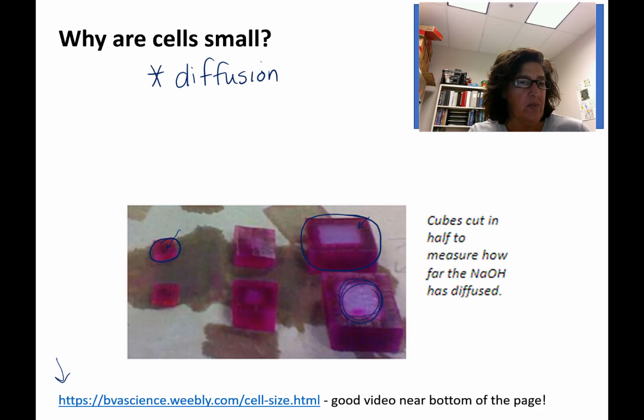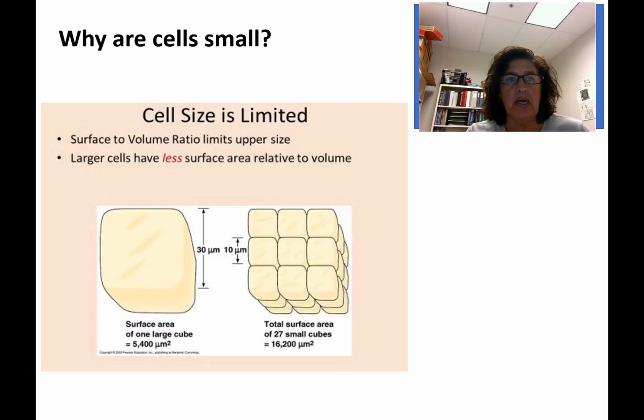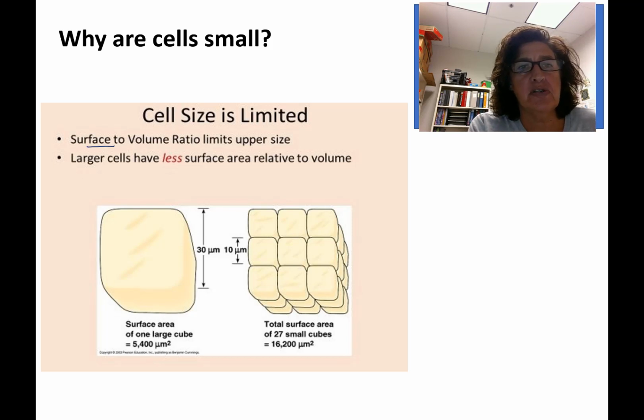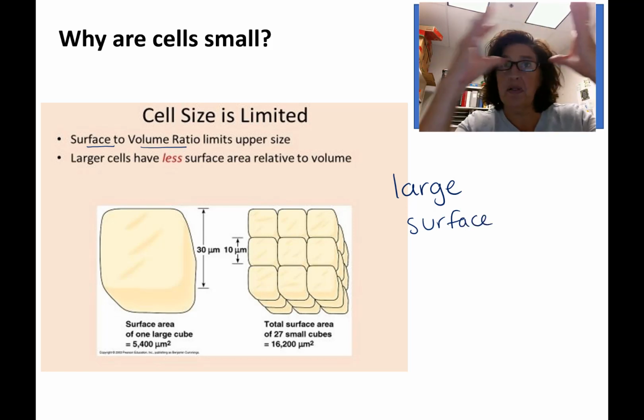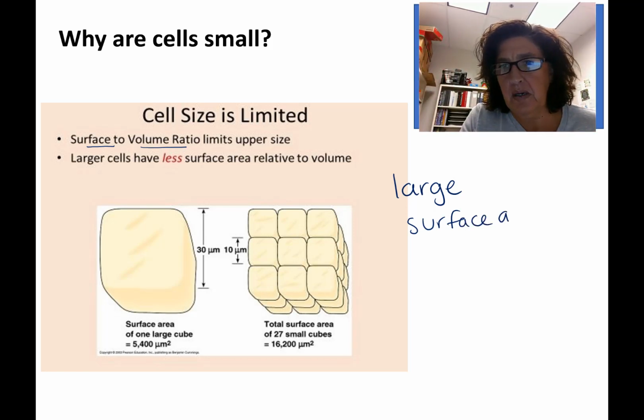The concept that we want to talk about is this surface to volume ratio. And what you want is a large surface area, so think your plasma membrane, to small volume ratio.